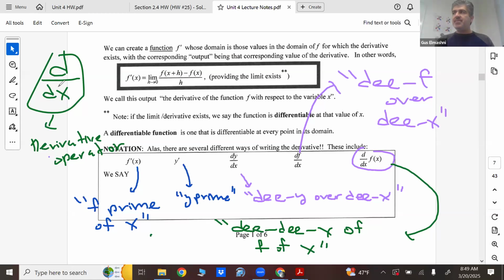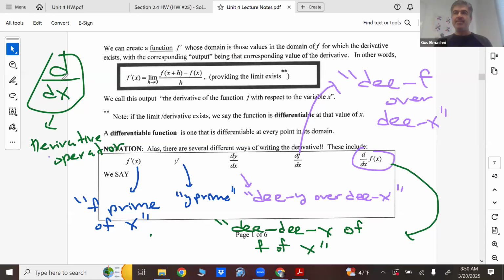The d/dx of f(x) is df over dx. They're all the same, but d/dx on its own is an operator, just so you know.